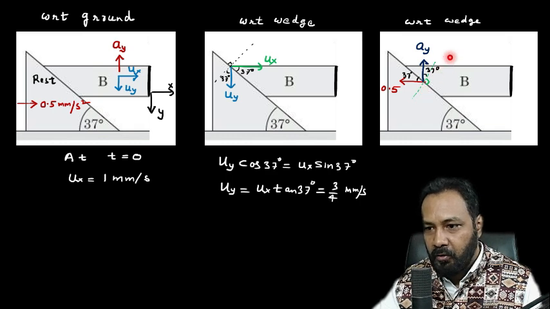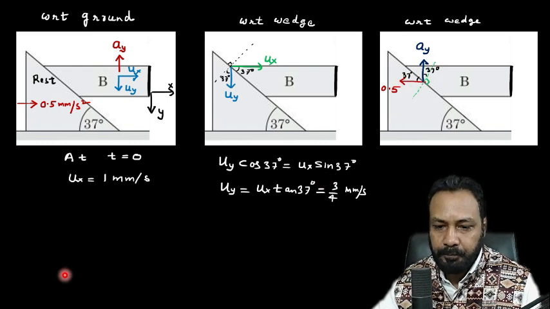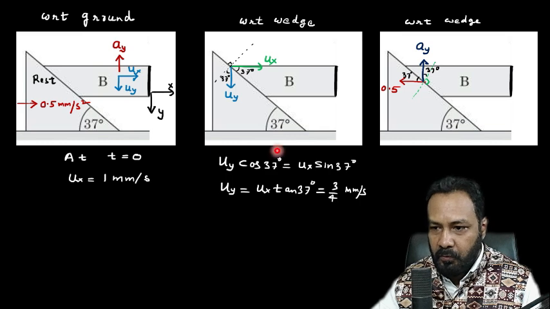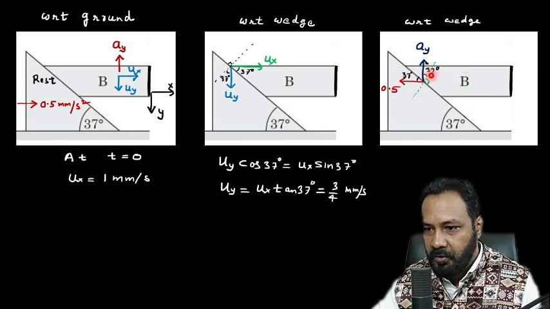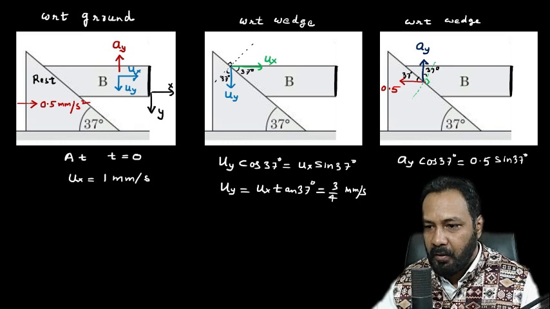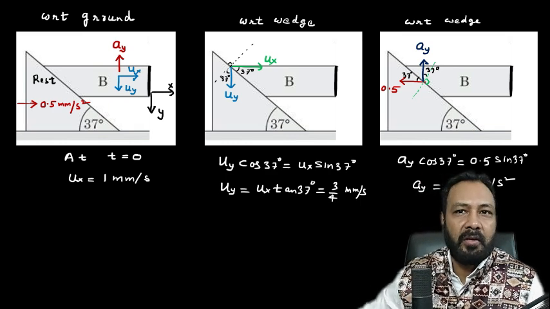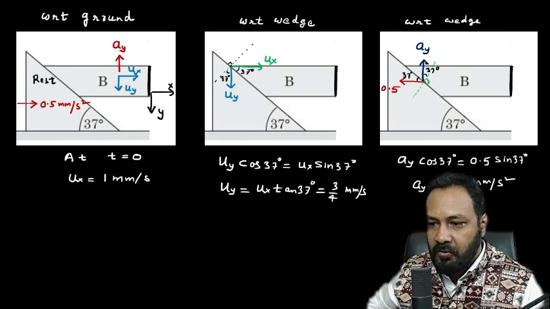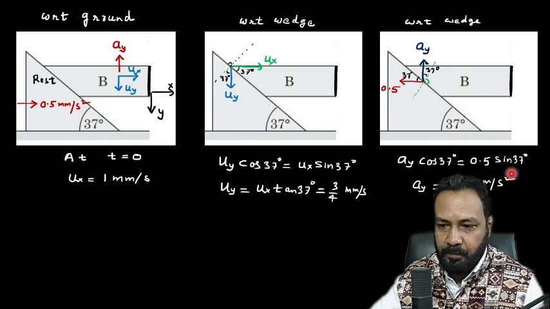So for no relative acceleration along this direction, the component of ay along this normal and the component of 0.5 along this normal should be the same. So we'll have ay cos 37 is equal to 0.5 sin 37, and simplifying that we get ay is equal to 3 by 8 millimeter per second square, and this is the uniform acceleration.